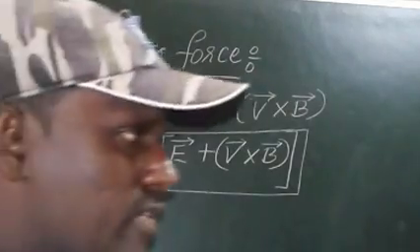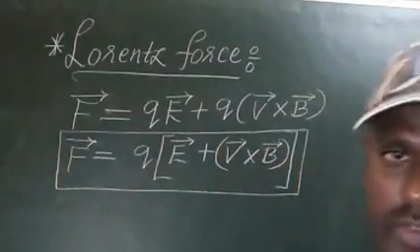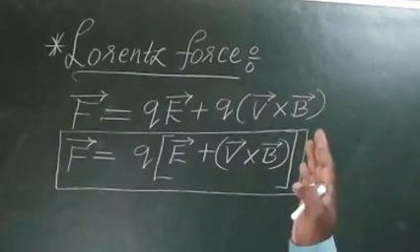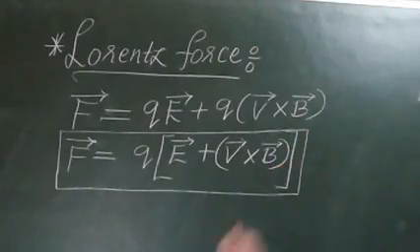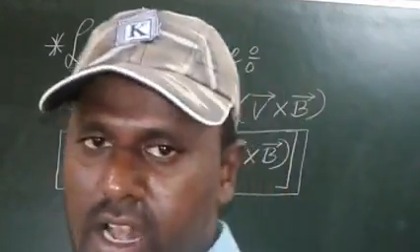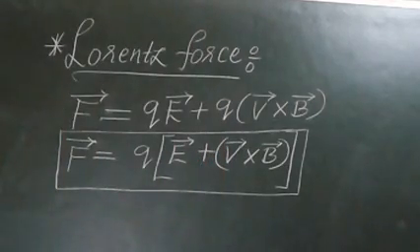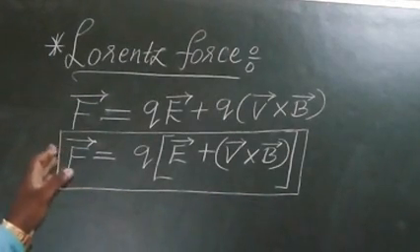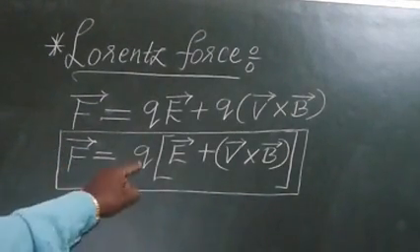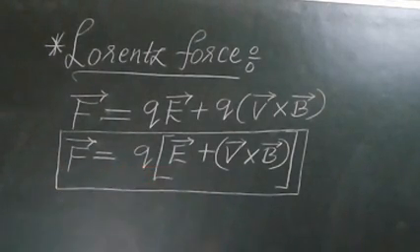This force acts on the particle only if the particle moves perpendicular to the magnetic field. V is velocity, B is magnetic field.